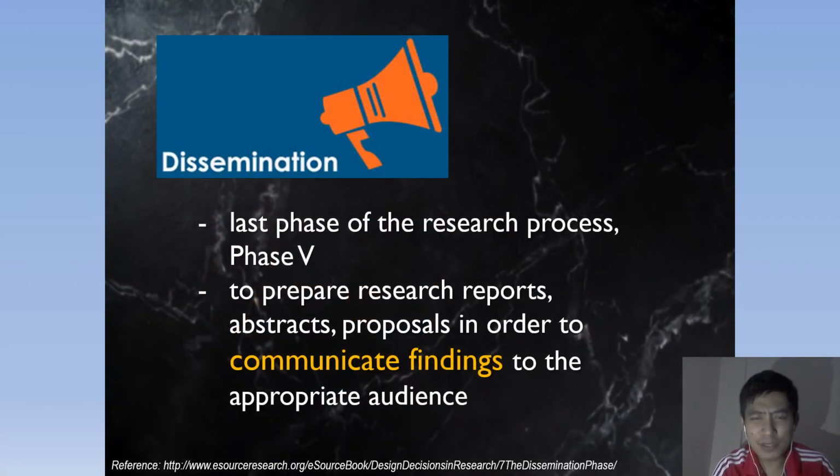So dissemination is the last phase of research. It's to prepare research reports, abstracts, and proposals in order to communicate findings to the appropriate audience and for us to utilize them as well.